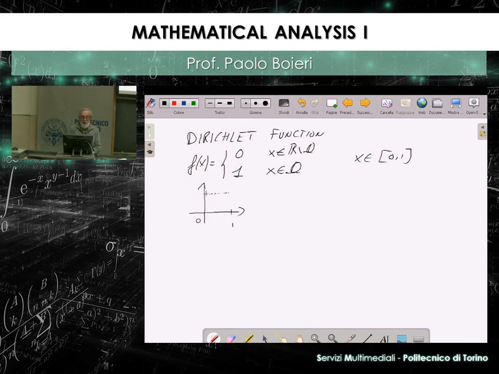Then there are infinitely many values here at 1. And there are infinitely many values here at 0, okay? For each rational 1, non-rational 0, and you have something of this type.